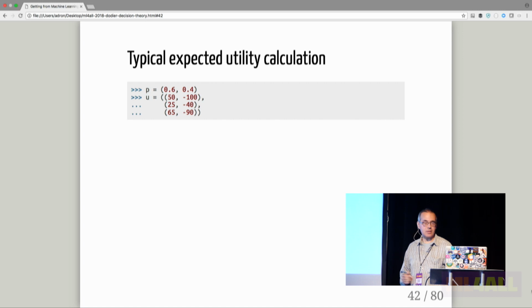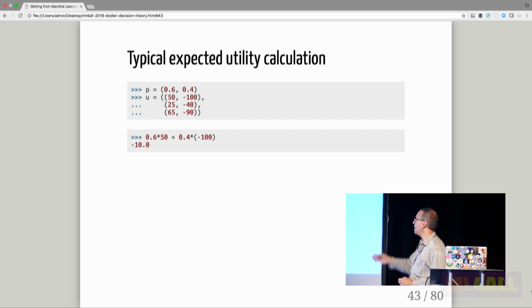So going through this again in detail, starting with the probabilities and utilities, the essential calculations that we need to do are to multiply the probabilities times rows of the array U and add them up.